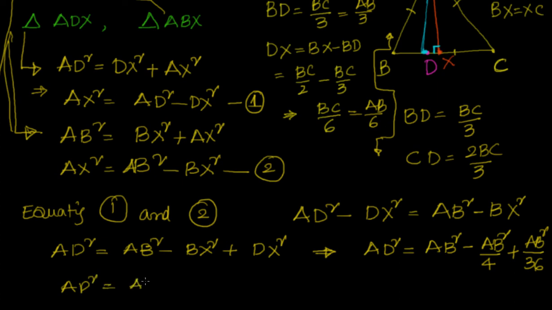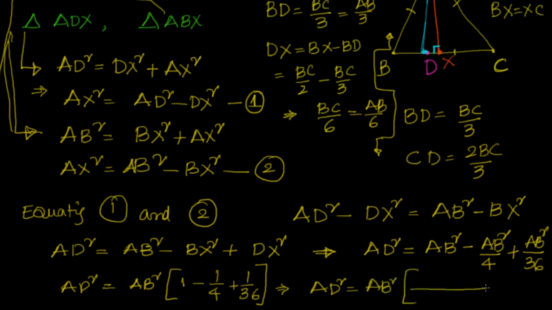So I will say AD square equals AB square into 1 minus 1 by 4 plus 1 by 36. That is AB square into, if I take LCM of 36, 36 minus 9 plus 1.